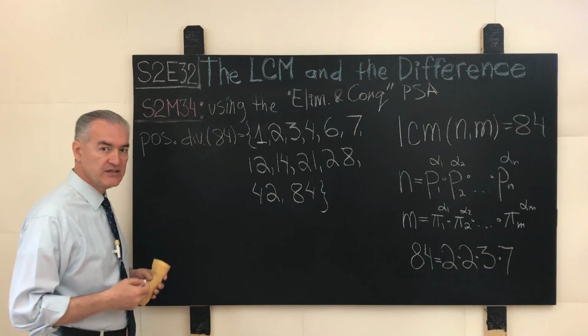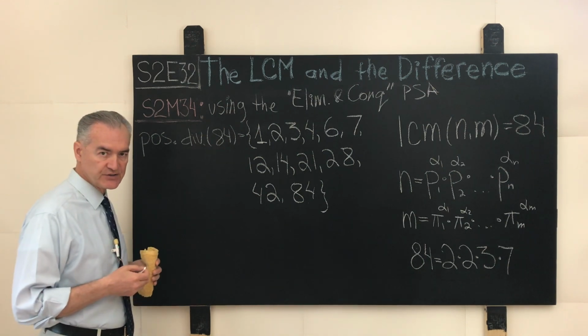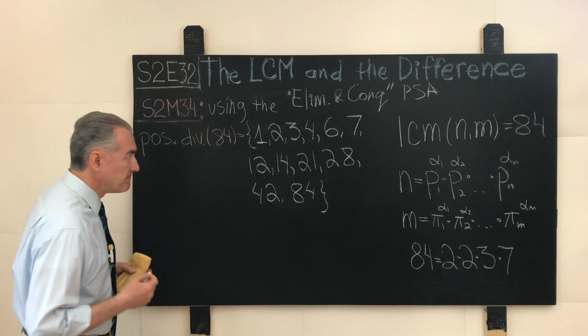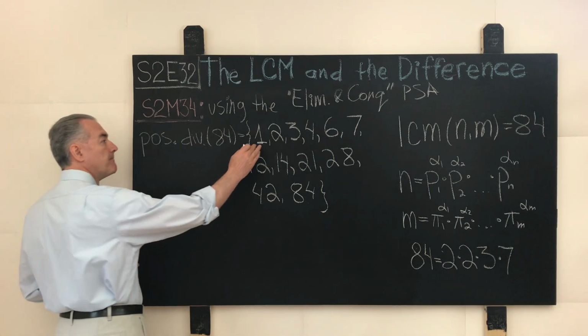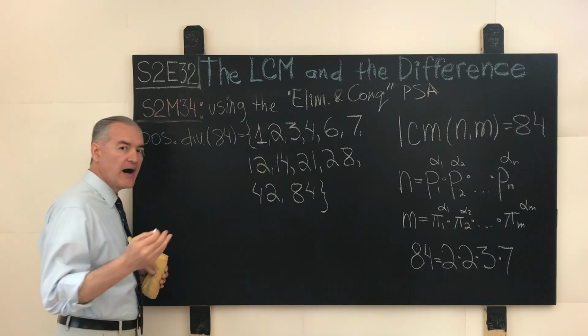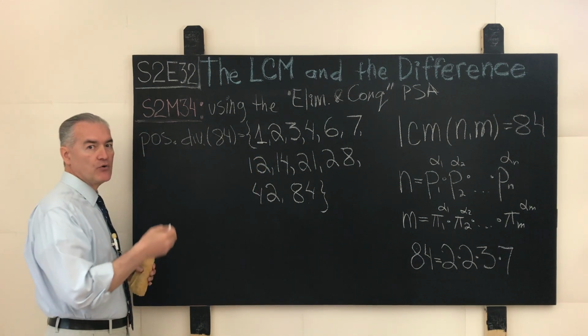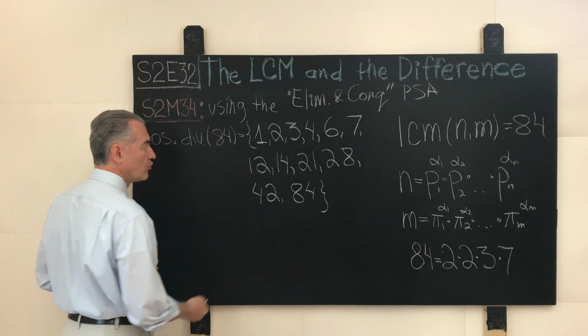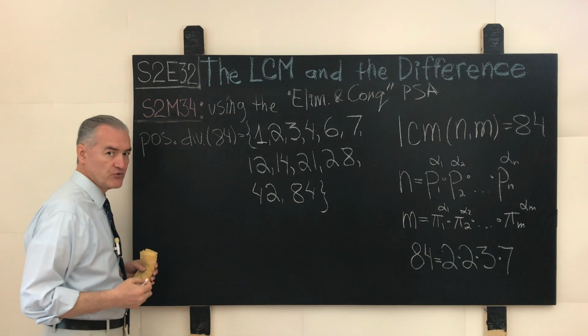Well, in this case, it means all the unordered pairs of items that can be picked from the set that we show over here, from the set of positive divisors of 84.